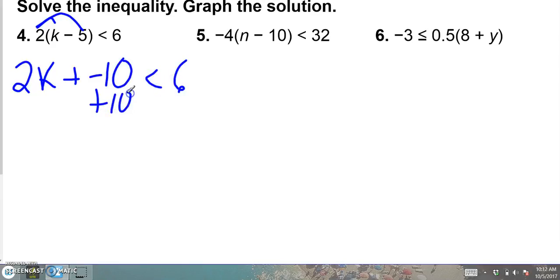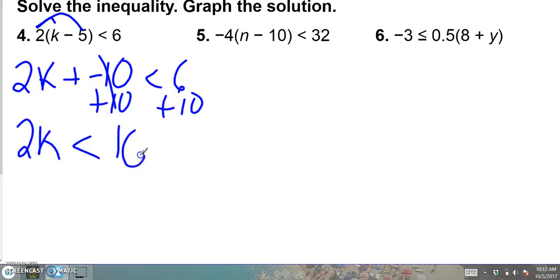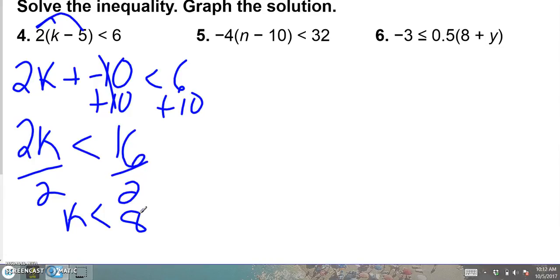So plus 10, we have 2k is less than 16, and then divide by 2, k is less than 8. Okay, and then I'll do 5, and please do 6.